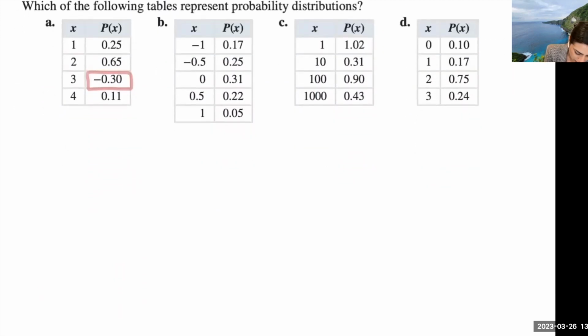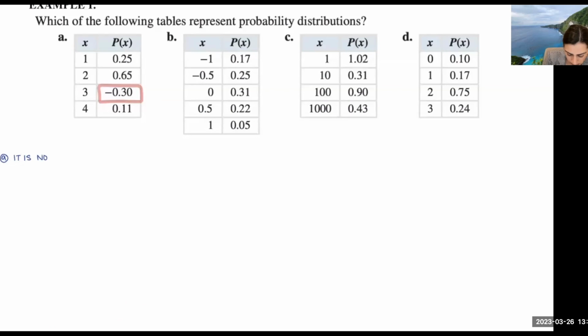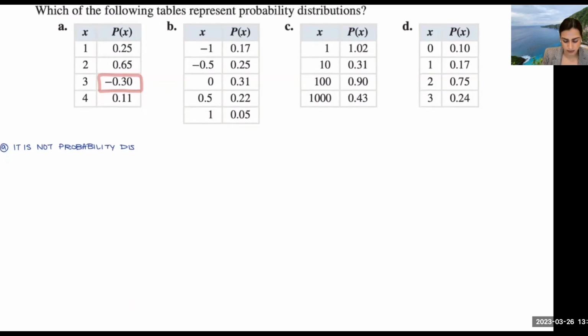So for table A, it is not a probability distribution because the probability that x is equal to 3 is equal to negative 0.30. Right?